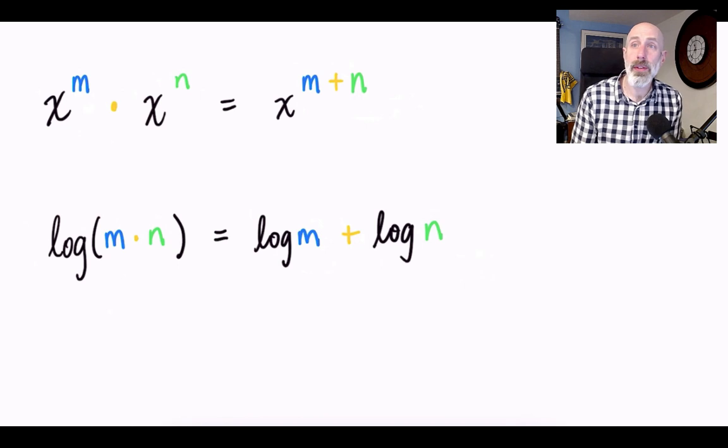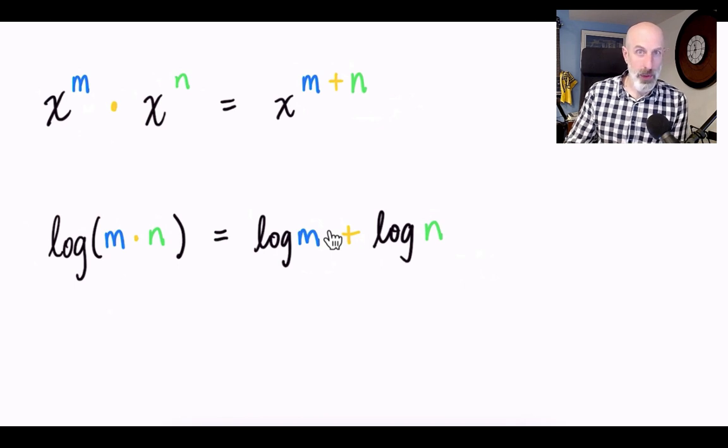On the screen right now, you can see that we have the exponent property, that when you are multiplying like bases, you are permitted to take those two powers and add them together. We've seen this many times. The property for logarithms says if you have a product as the argument of a log, meaning like you're taking the log of m times n, you can rewrite it as 2 separate logarithms, and each of the factors of that product become the argument in this sum.